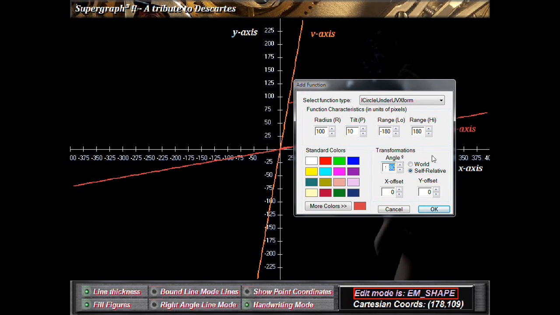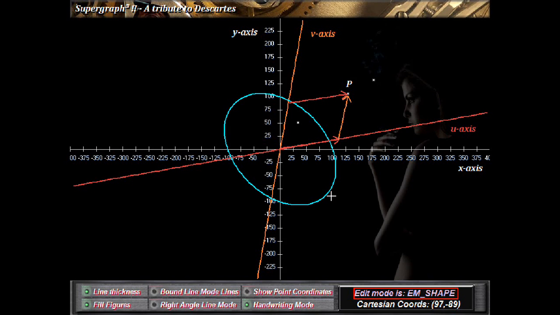This shape, that's with the positive one, is how, in the UV system, a perfect circle in the XY system would appear.